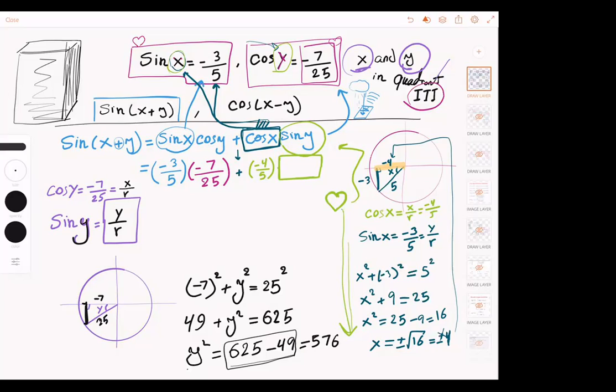So what is radical 576? So Y equal to plus minus 24. Do we get plus or minus?